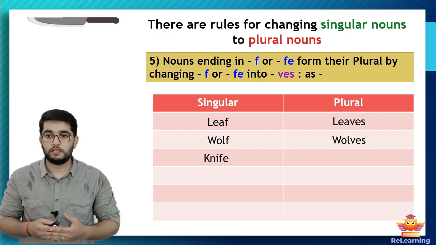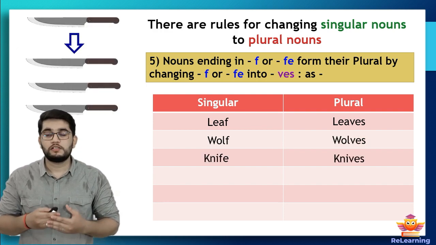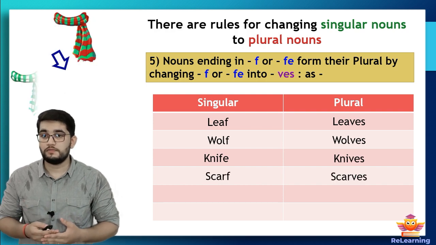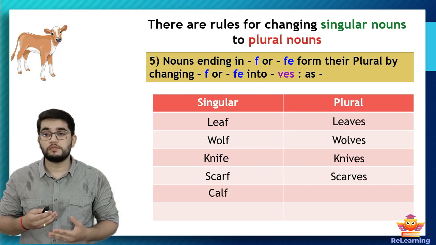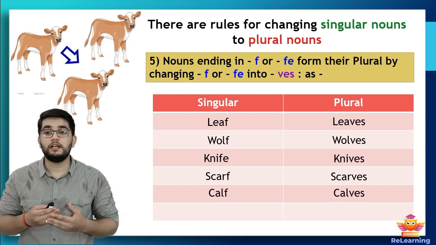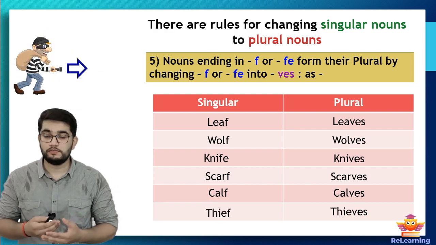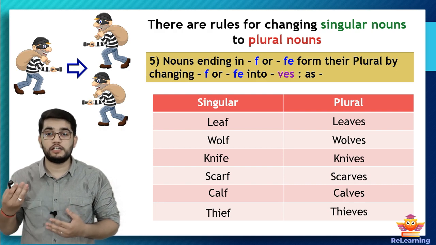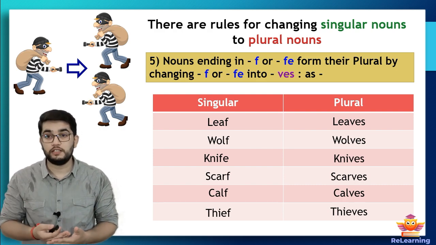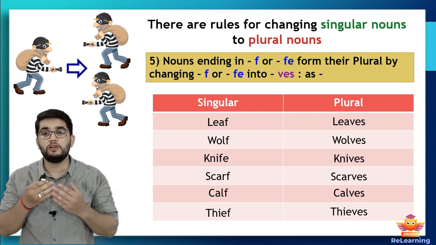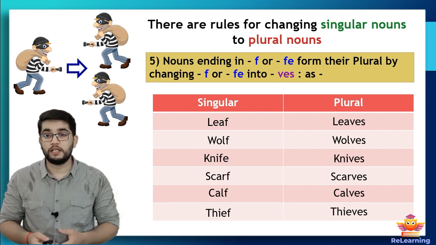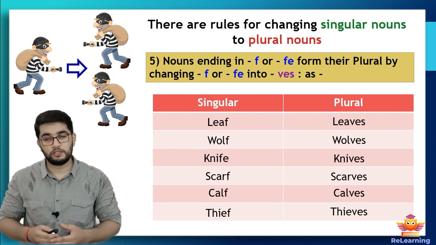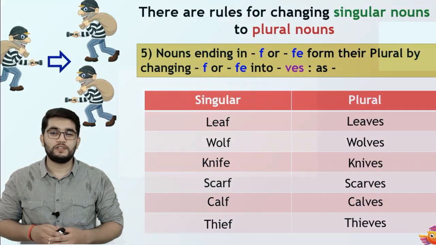Then knife becomes knives. Scarf becomes scarves. While calf becomes calves. And thief becomes thieves. In all the examples here you can see that it either ends with f or fe and it is changed into ves to become a plural noun. Okay? Let's see the next one.